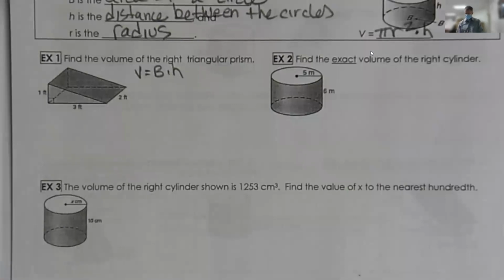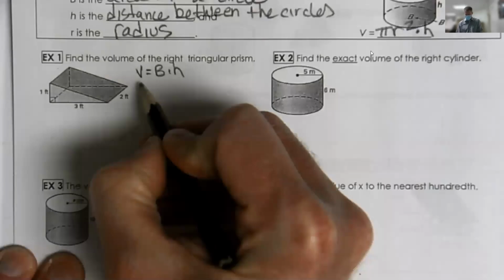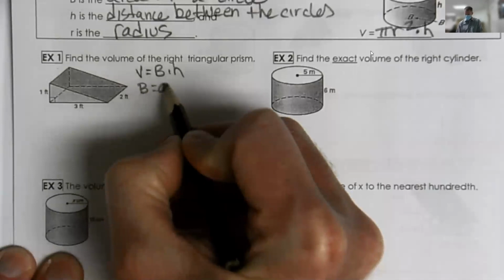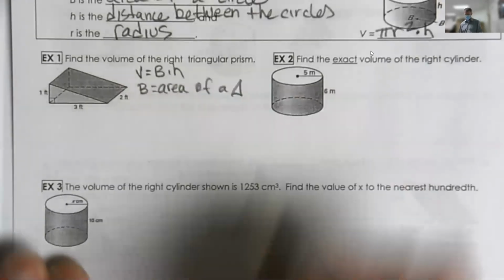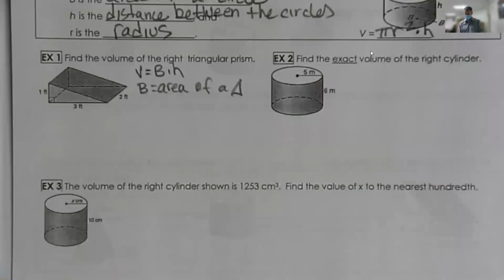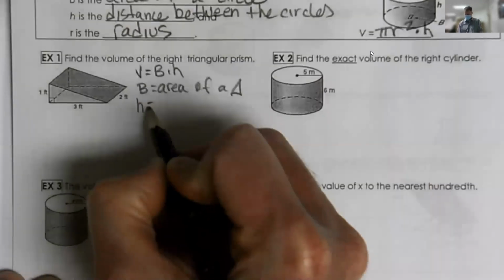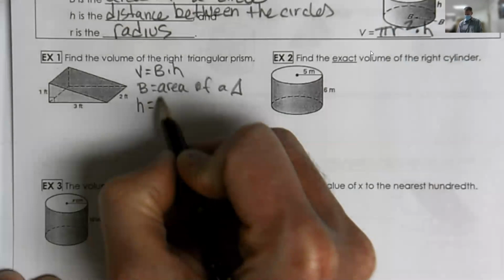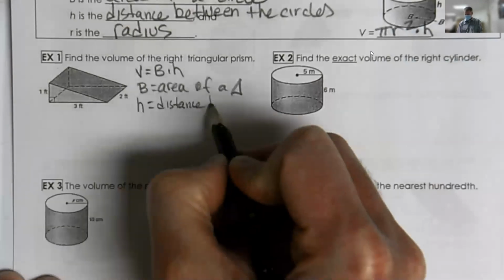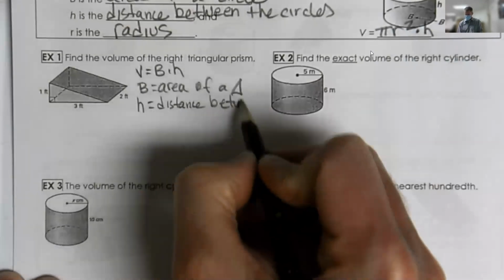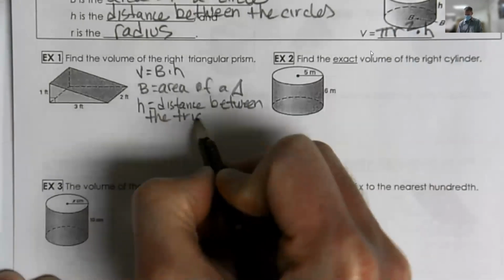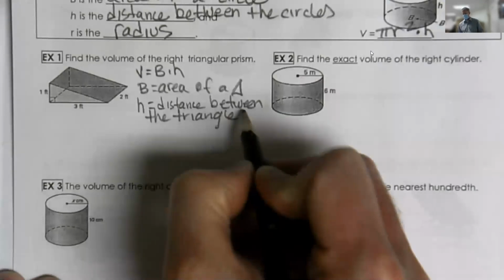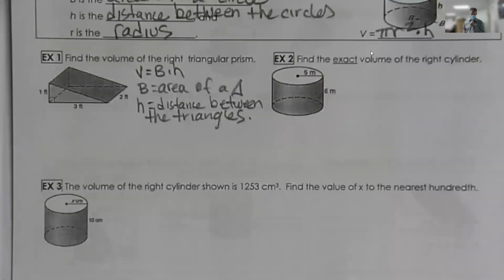In this case, the B is the area of a triangle. And the height, the H, is the distance between the triangles. So that's what your different values are going to represent.